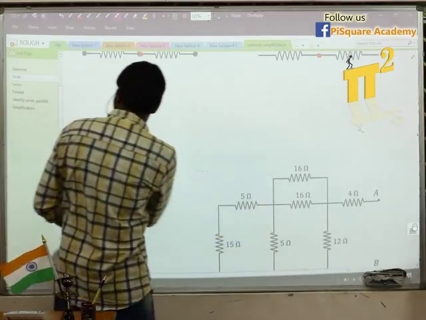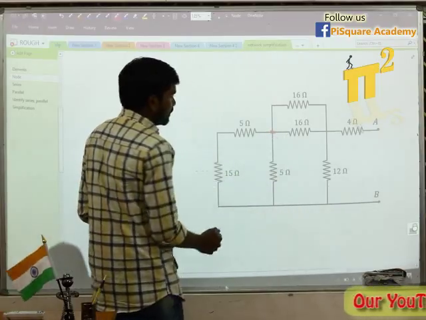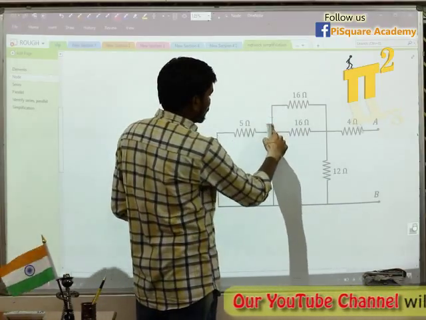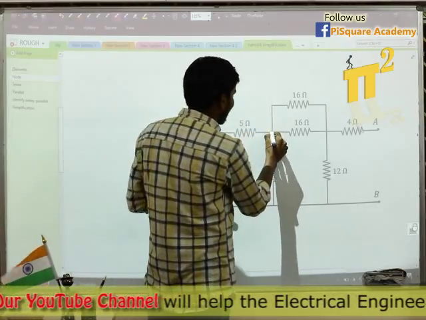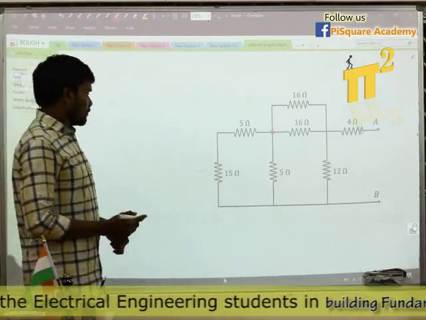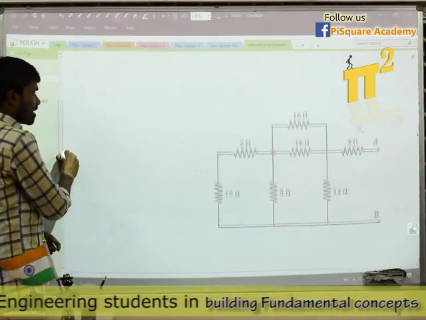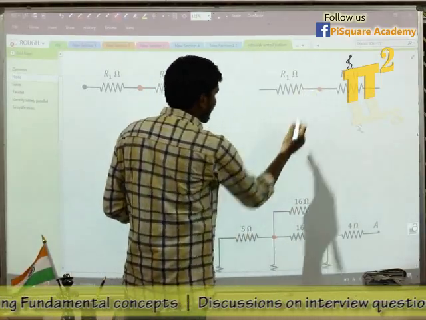Yes, this is also a node, because here 1, 2, 3, 4 elements got connected here. That is also a node. I know those who are preparing for GATE, you may get confused between this node and this node.